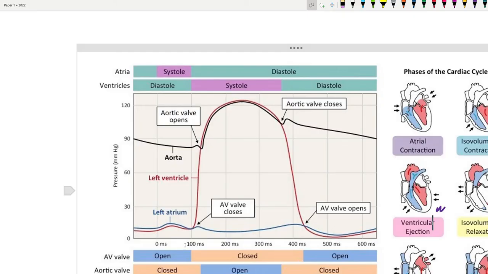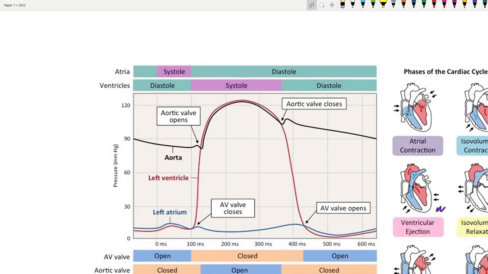So when the left atrium actually contracts, the bicuspid or the tricuspid valve is open. See, when the atria contract over here, the bicuspid valve and tricuspid valve are open. Okay, that's the contraction of the left atrium.